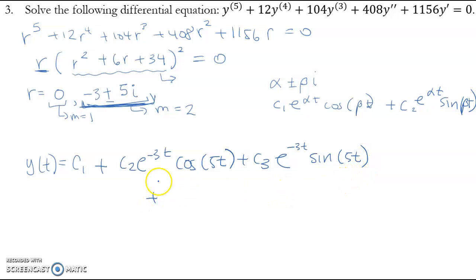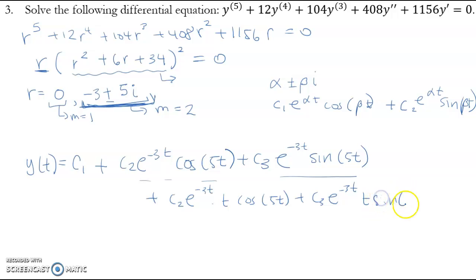Now what we have to do is we're going to have to repeat these two, the same thing, but add an additional t variable to it, times t cosine 5t plus c3 e to the power of -3t t sine of 5t, just to satisfy the fact that this one has the multiplicity of 2.